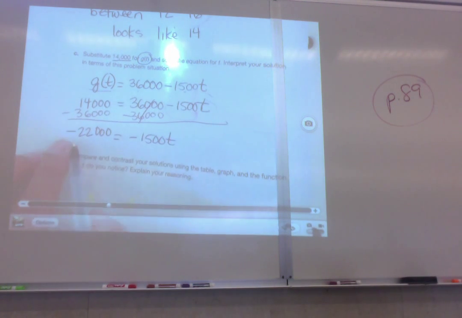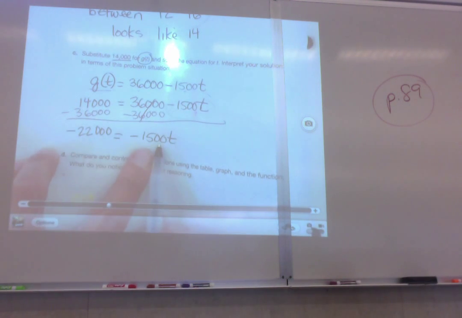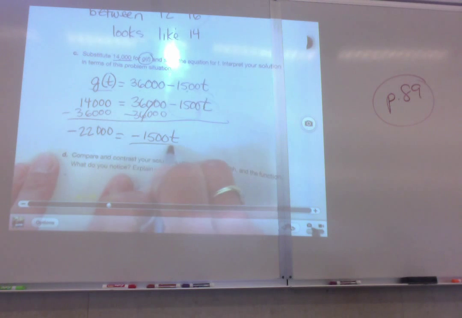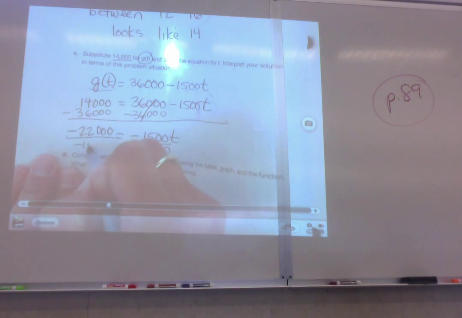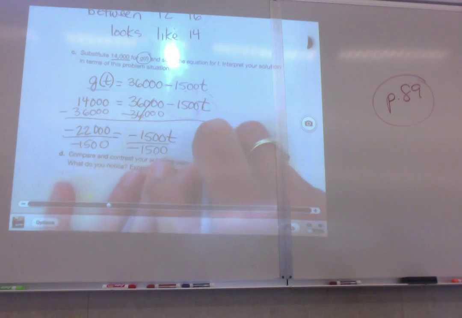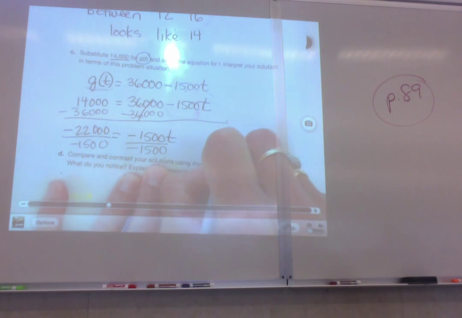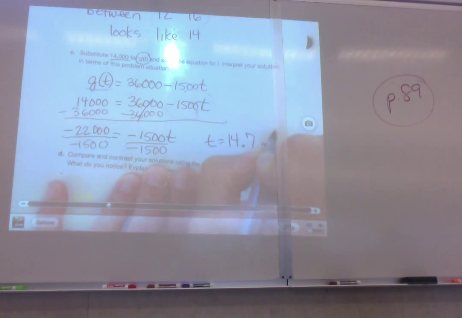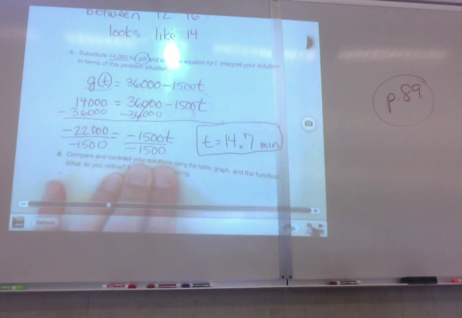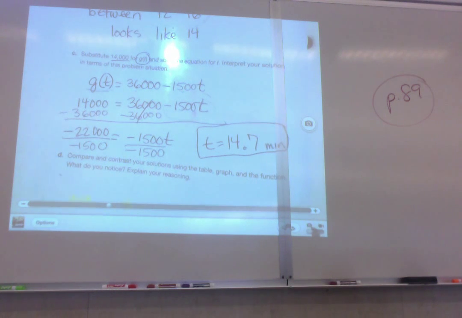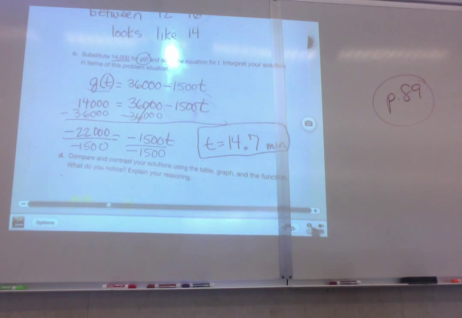Then you have a negative on both sides, and we need to divide. Negative 1500, negative 1500. What did we get for t? 14.66666. We'll call that 14.7 minutes, and we had figured that out, that it was going to be around 14.